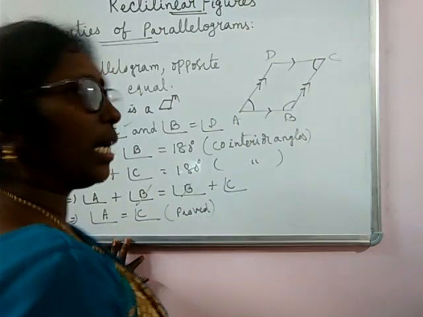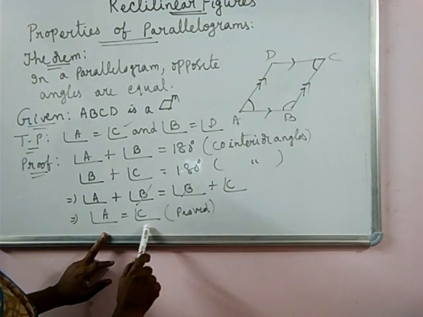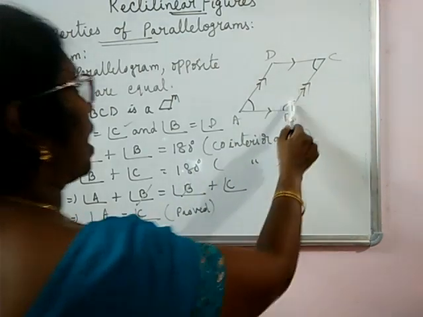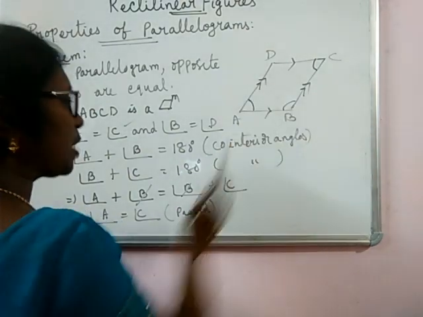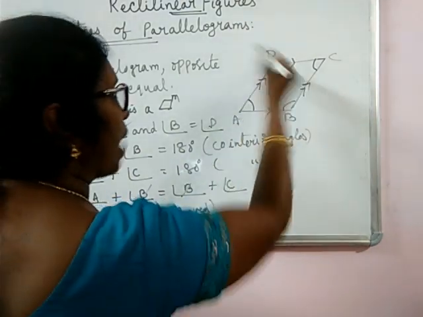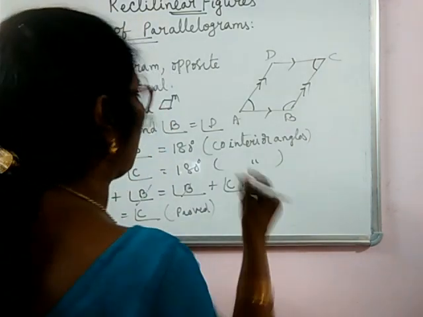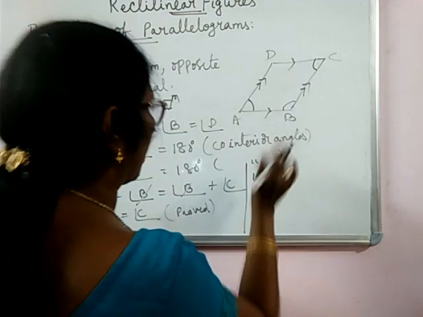Same way, angle B equal to angle D also you can do. Angle A plus B equal to 180, already wrote.